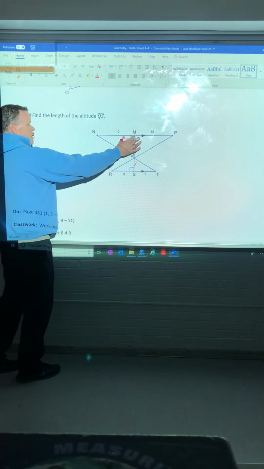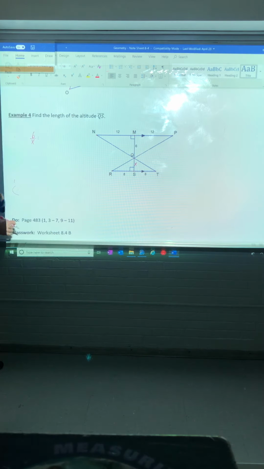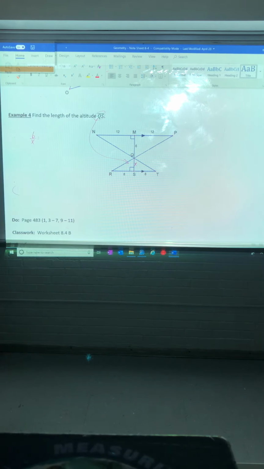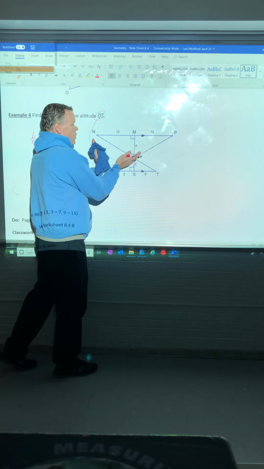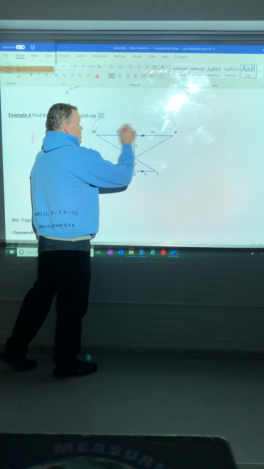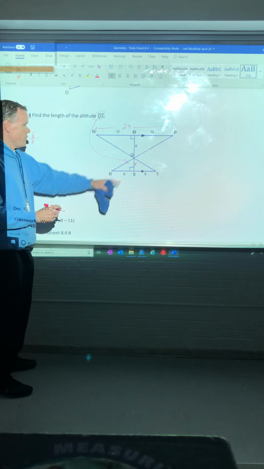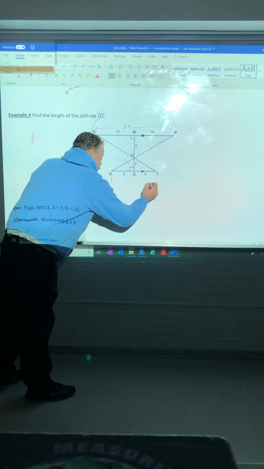If we went from the big triangle to the small triangle, and again, QS is what we're trying to find, 6 over x is going to equal the full base, because we're talking about this whole big triangle. Full base here, this is going to be 24, and it's going to be over 16, the full base down here.